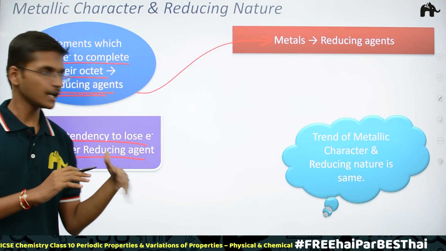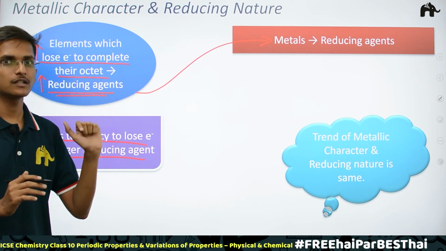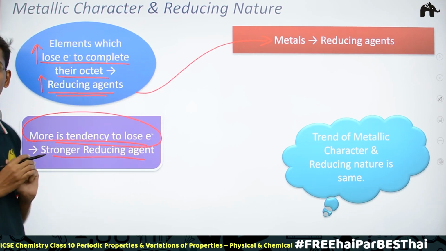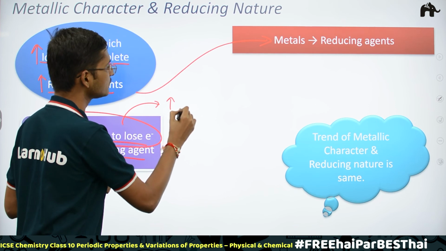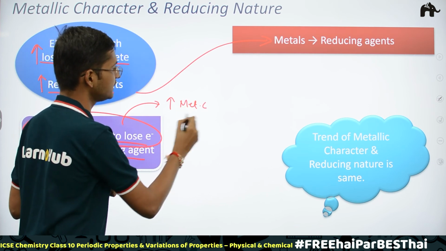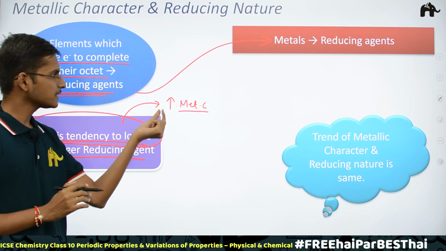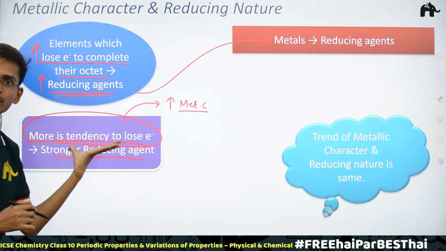Why? Because now we will correlate this with what we have learned earlier. Do you remember what we have learned? The more the tendency to lose electron, it also means that the element has more metallic character, right? Are you remembering? So the metallic character would be more when the tendency to lose electron is more.